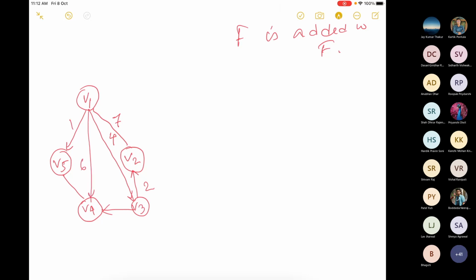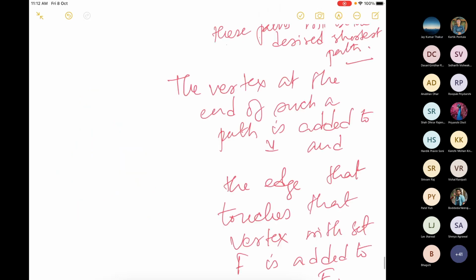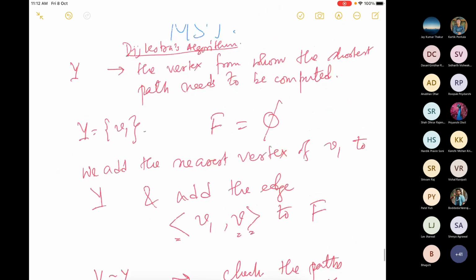Okay, so let us take an example and try to clarify your doubt. Sir, why are you making a directed graph? As I say, Dijkstra's algorithm works on directed graphs. All the edges are directed edges. Dijkstra's algorithm is for a directed weighted graph.